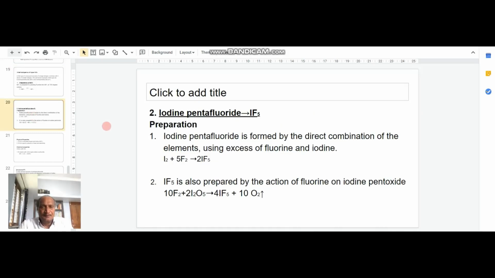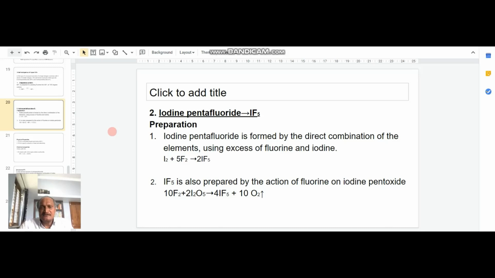Coming to the preparation of iodine pentafluoride. In the last reaction, we studied the preparation of bromine pentafluoride. Now we shall see the preparation of iodine pentafluoride. There are two methods for the preparation of iodine pentafluoride.